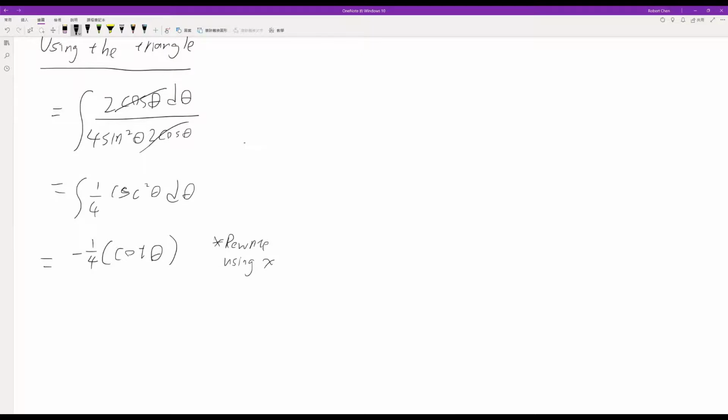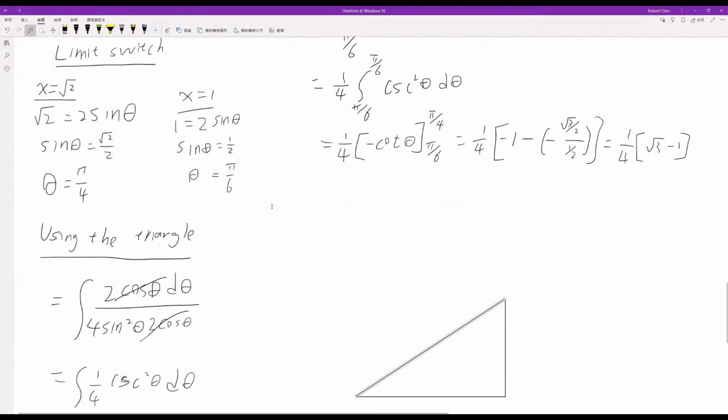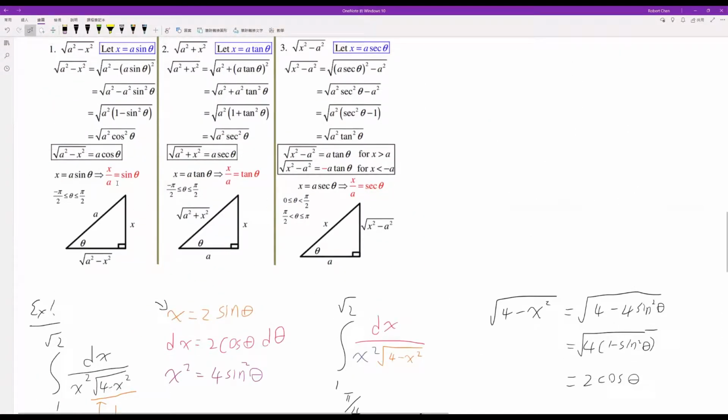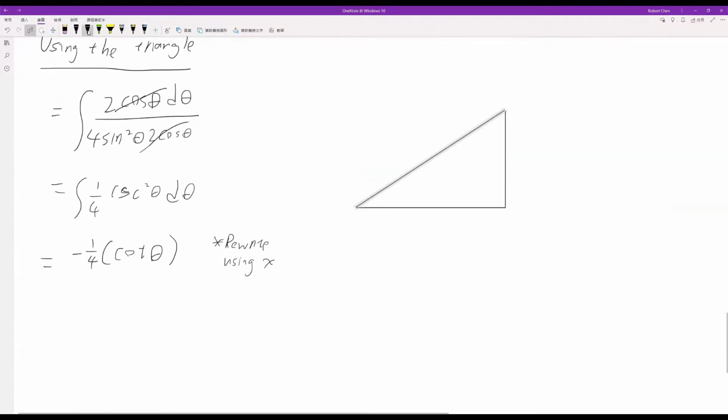Here is what we need for the triangle. The triangle that we're going to use is from the first one that looks like this. We have the angle, opposite is x, a on the hypotenuse. So here we go. Let's say theta is here. Opposite is x. Hypotenuse is a, which is 2 in this case.